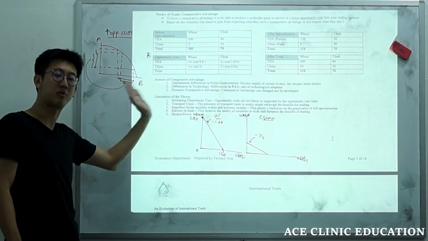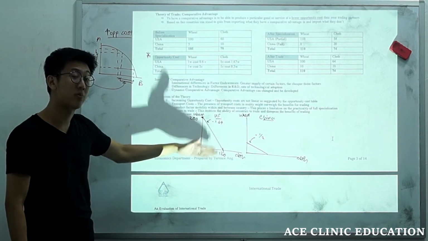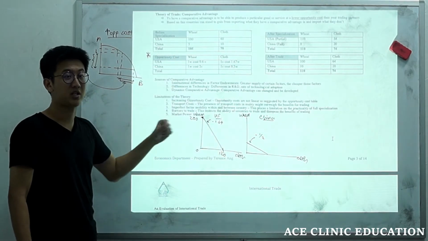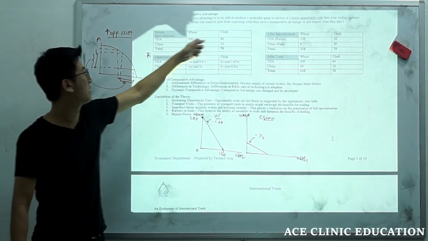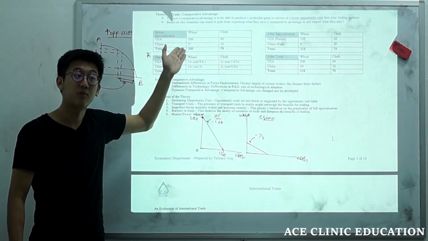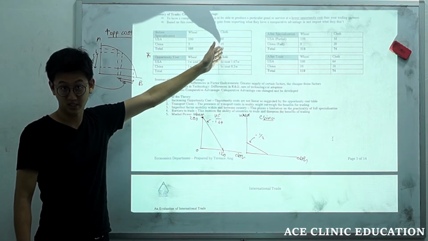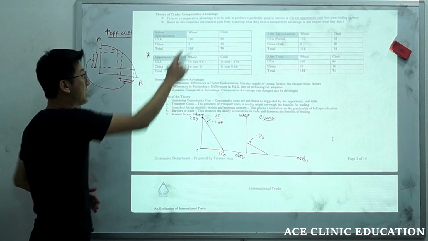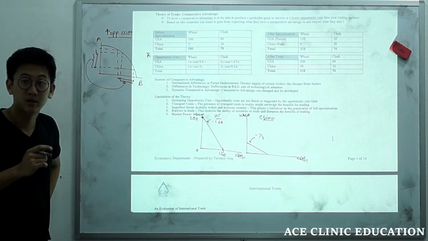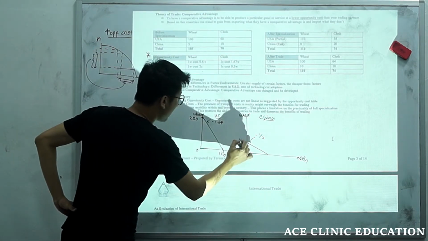So that means you're only producing wheat. Then at this intercept, you're only producing cloth. So the question is, how do we know that these are the numbers? It comes back to our initial assumption: we assume a 50-50 split in factors of production. So we know that the max the country can produce will be double the numbers here. Say for China, this will be 10 and that will be 20.